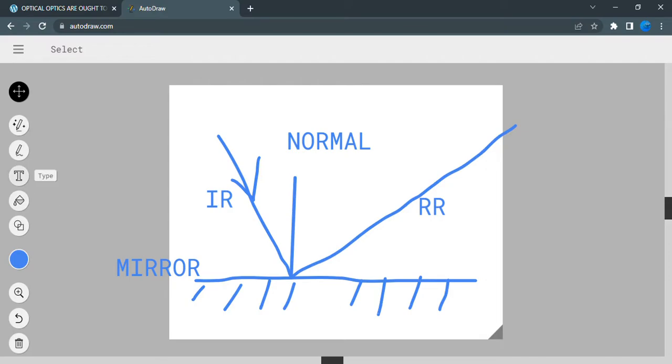The normal is a perpendicular to the mirror surface. So this and this make a 90-degree angle.